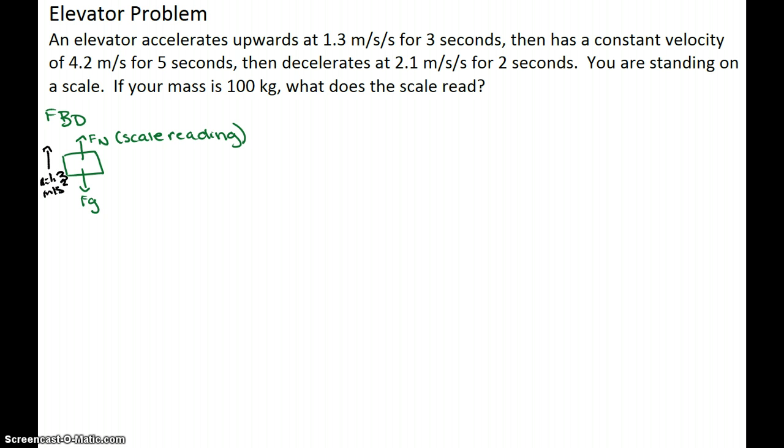Since the only forces acting on us are our weight pulling down and the normal force, if we're accelerating upward, our net force must be up. That means our normal force must be bigger than our weight.